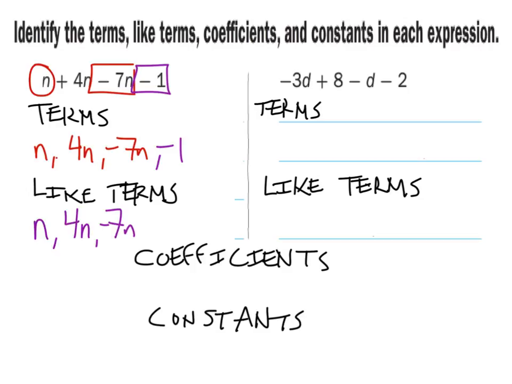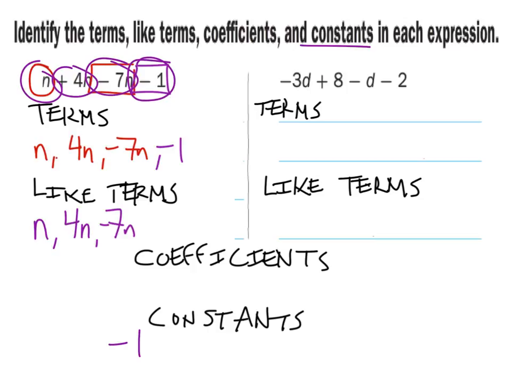But let's take a look at the 1. It is a constant because it does not have an n. Notice, does it have any other like terms? No, because there are no other constants. These terms all have an n, so they are not constants, and we could list that down here as a constant. We have a -1.